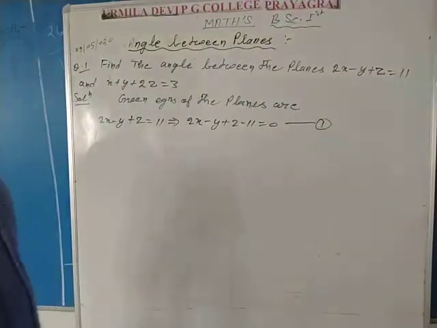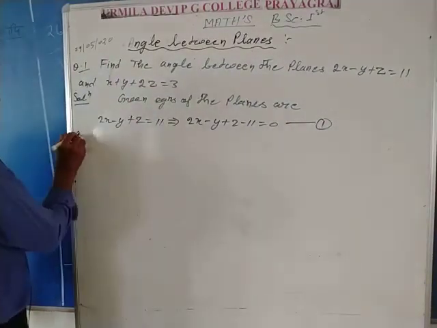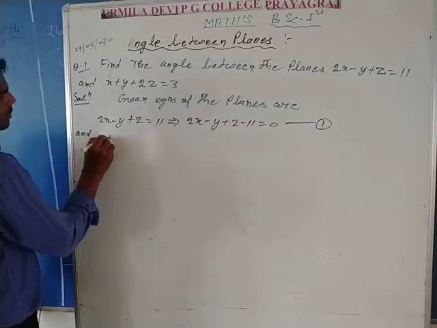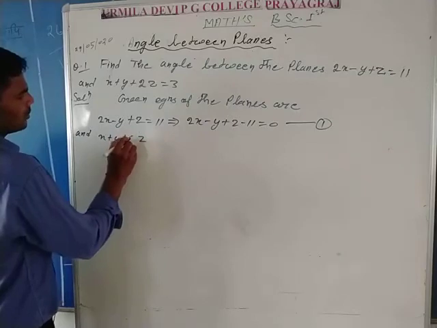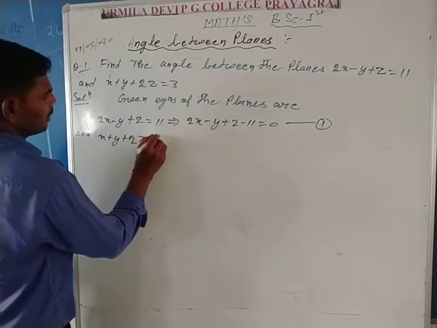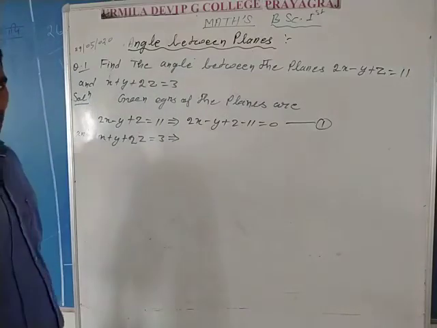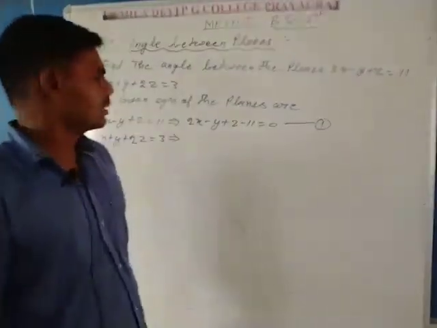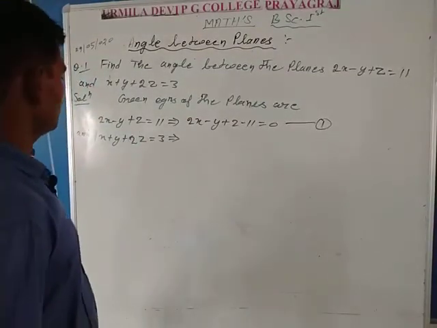Similarly, the equation of the second plane is x plus y plus 2z is equal to 3. It is also converted into the general form of the plane equation, taking 3 to the left hand side.